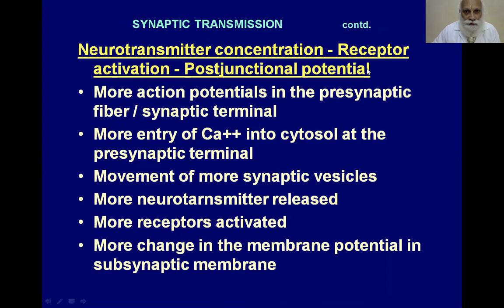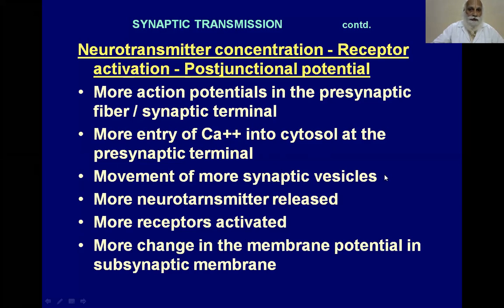So neurotransmitter concentration, we said, determines the amplitude of the potential that occurs in the postsynaptic part. More action potentials in the presynaptic fiber at the synaptic terminal means more entry of calcium ions into the cytosol in the presynaptic part.